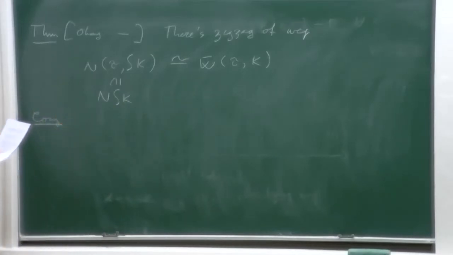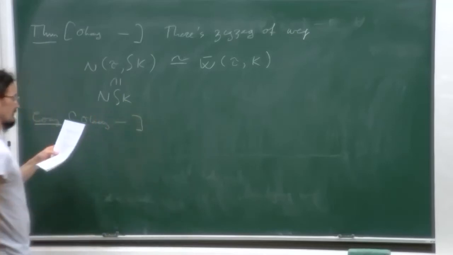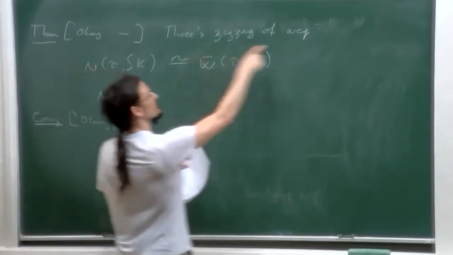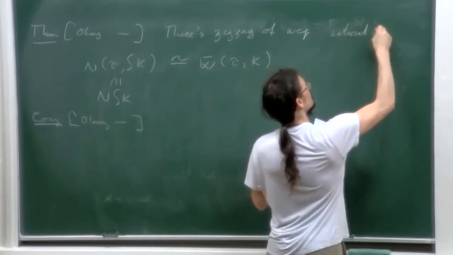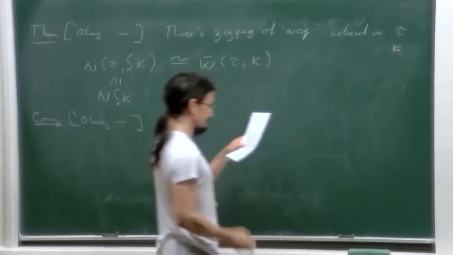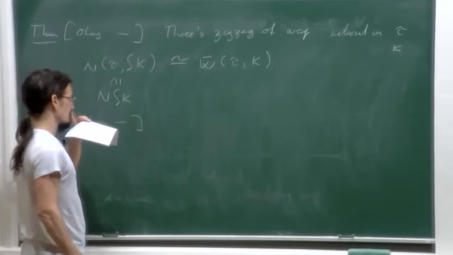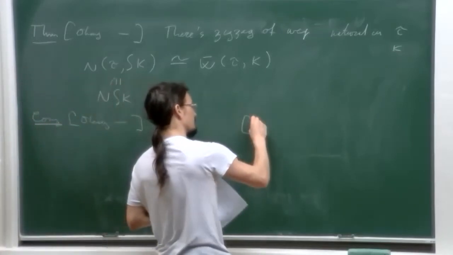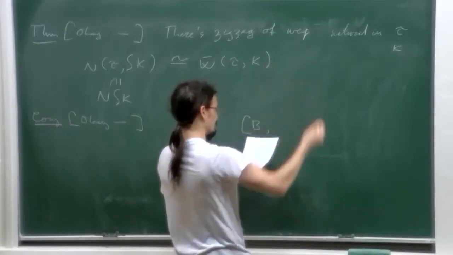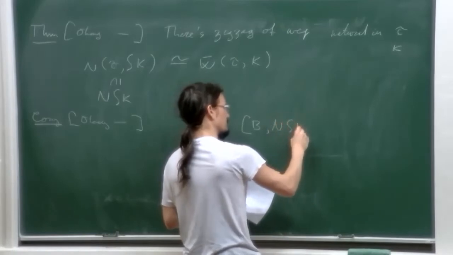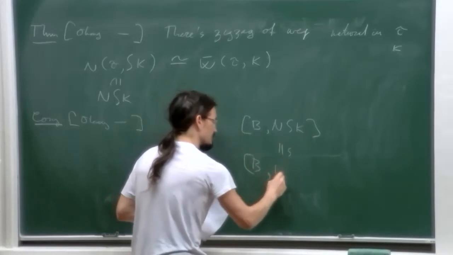So our conjecture is that, since the zigzag of weak equivalences is natural in tau and K, along this you can look at this homotopy type, and there's a bijection between that and this homotopy type.